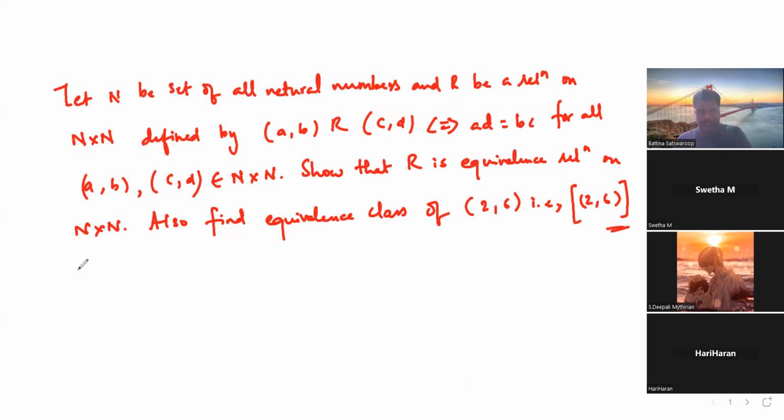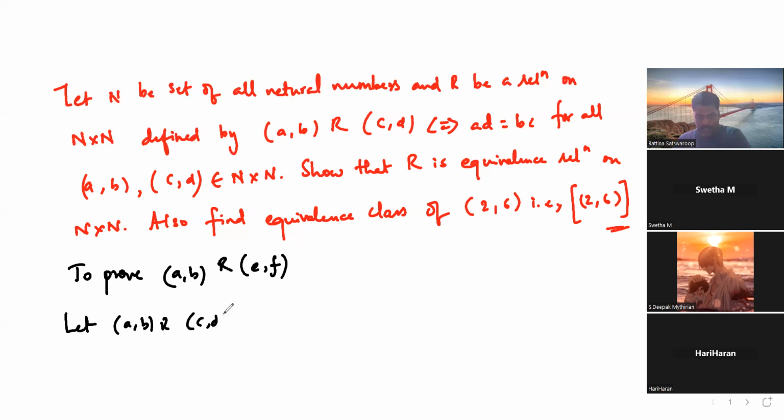Transitive: to prove (A, B) is related to (E, F). What I will do is take one condition: let (A, B) is related to (C, D) and (C, D) is related to (E, F). One minute, just hold on one second.